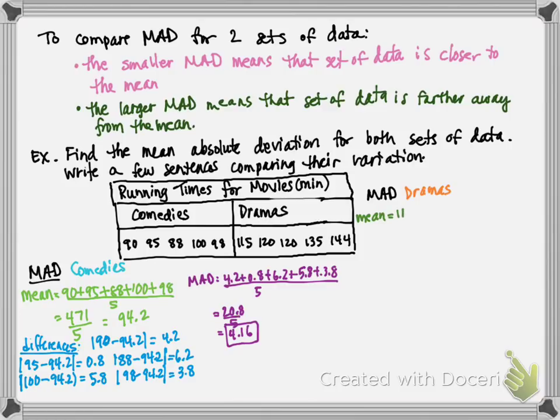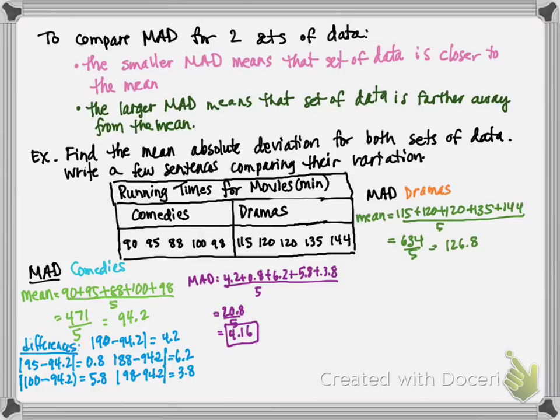And we're going to get 115 plus 120 plus 120 plus 135 plus 144 all over 5. Through the miracle of magic here, we're going to add up and get 634 over 5. And when we divide, we get 126.8. But that's not where we end. We keep going.